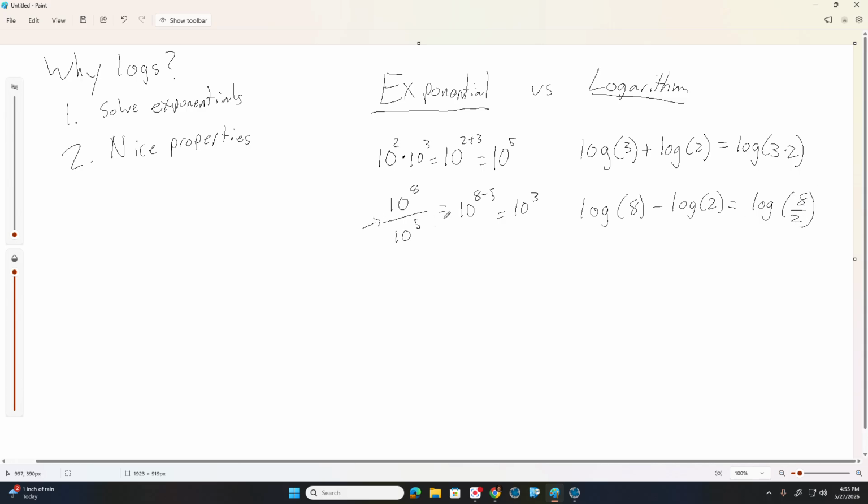Outside division, inside subtraction, becoming outside subtraction, inside division. Last but not least, this is the most important rule for logarithms. This is the one you're going to use the most, sometimes called the power rule, which says that if we take something like 10 to the 8 squared, well, that's going to be 10 to the 8 times 2, or just 10 to the 16. This one is a lot trickier in logarithms.